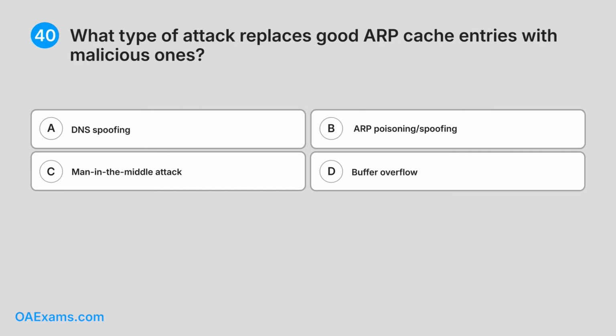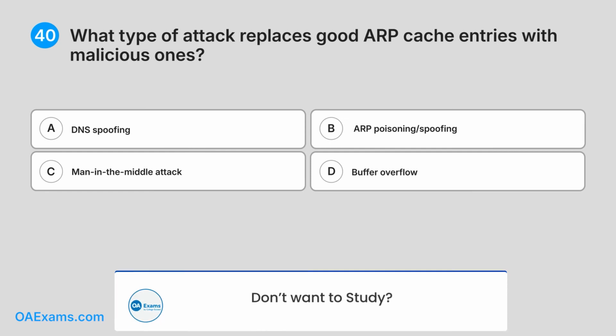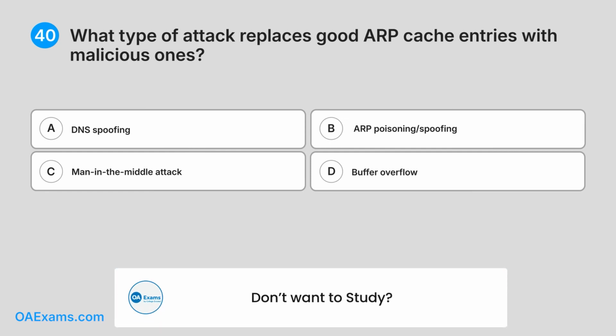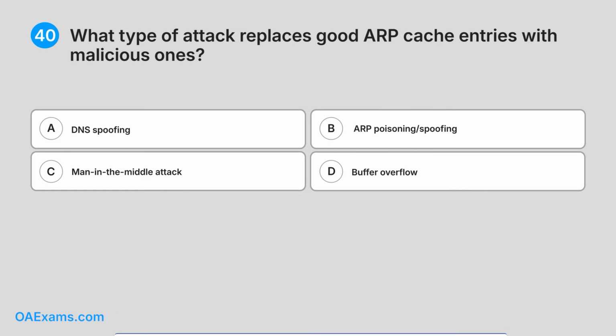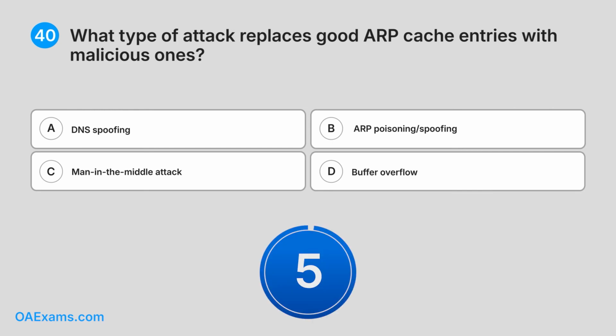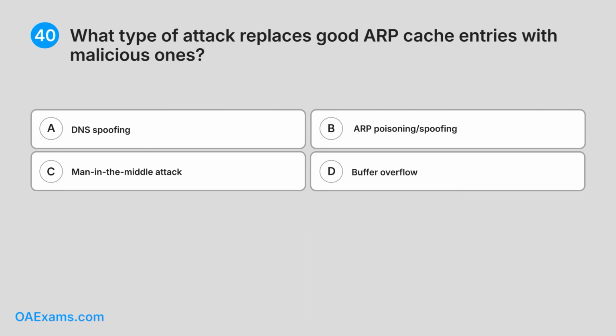40. What type of attack replaces good ARP cache entries with malicious ones? A. DNS spoofing. B. ARP poisoning/spoofing. C. Man-in-the-middle attack. D. Buffer overflow. What do you think is the answer? Correct answer.